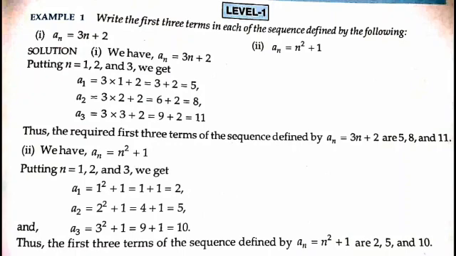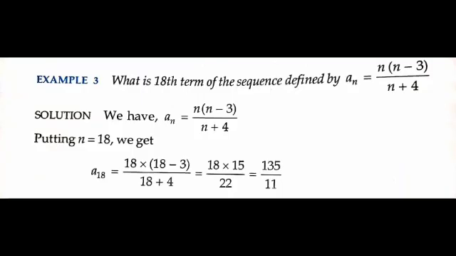Now let us consider a bit different question. And here in this, what is the 18th term of the sequence defined by An is equal to n into n minus 3 divided by n plus 4. So we have here for the general term, that is nth term, An is equal to n into n minus 3 divided by n plus 4.